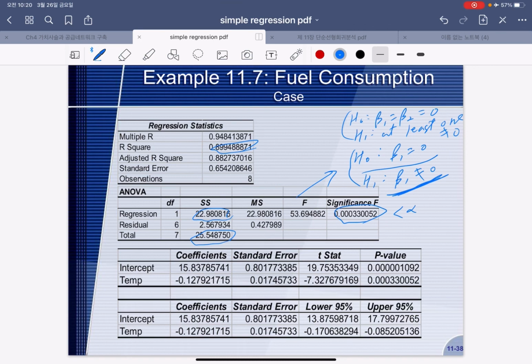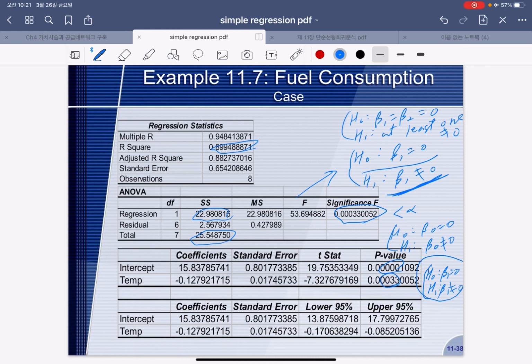Now, in the coefficient table you have two p-values here, right? One is for the intercept and the other one is for the slope. So for the intercept, the null hypothesis looks like this, and for the slope, it looks like this.